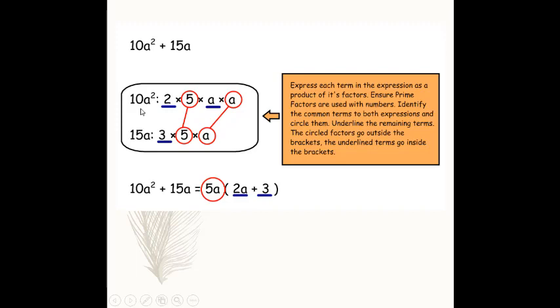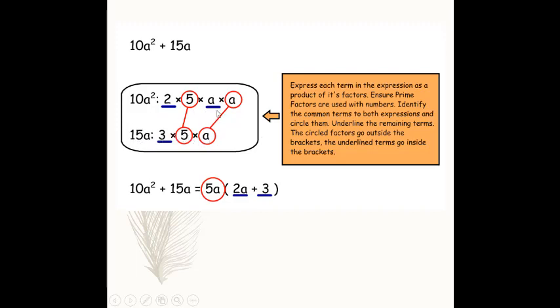How can we factorize 10 and also a to the power of 2? Can you give me the prime numbers of 10? They are 2 multiplied by 5. And how can you expand a to the power of 2? a multiplied by a. The same thing with the second term, 15a. How can we write 15 in its prime factors? 3 multiplied by 5 multiplied by a.